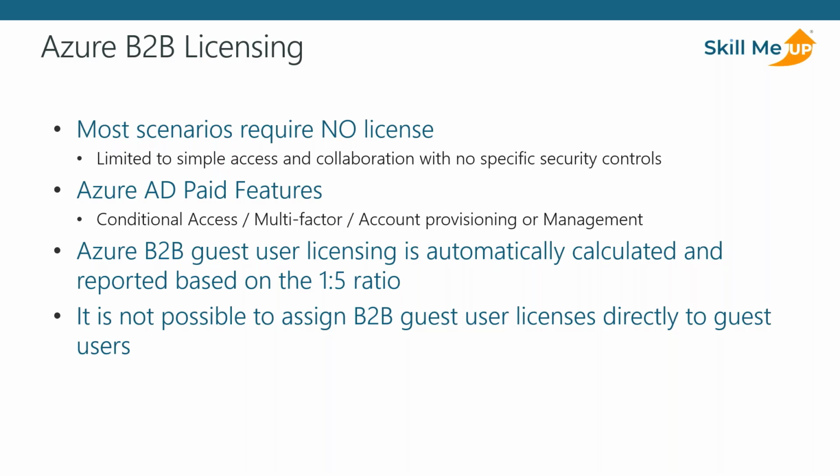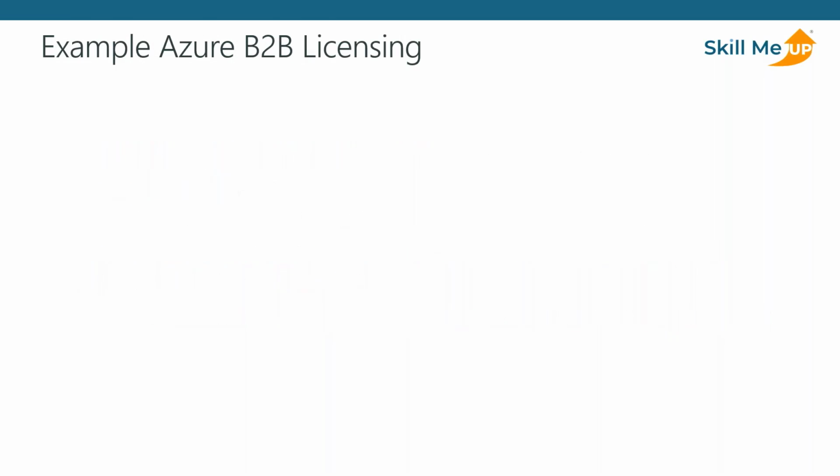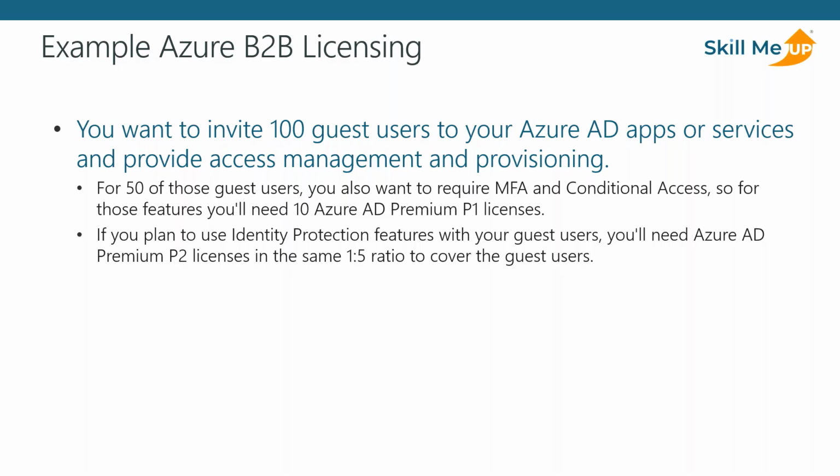Now, as an example, a scenario that you will see on the exam, something similar to this: you want to invite 100 guest users to your Azure AD apps or services and provide access management and provisioning. For 50 of those guest users, you also want to require multi-factor and conditional access.